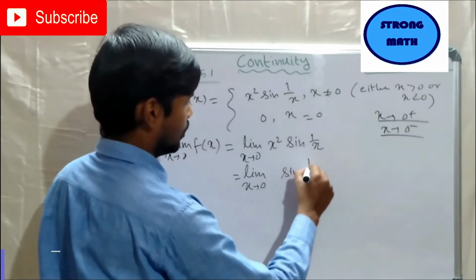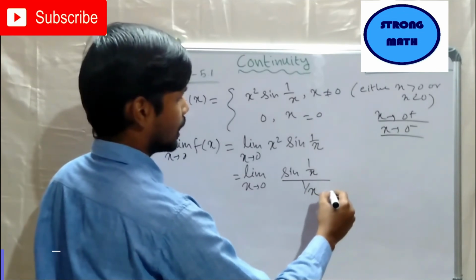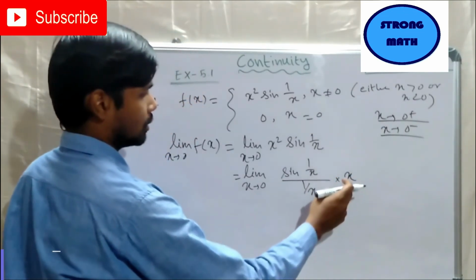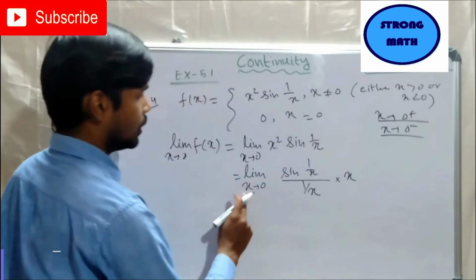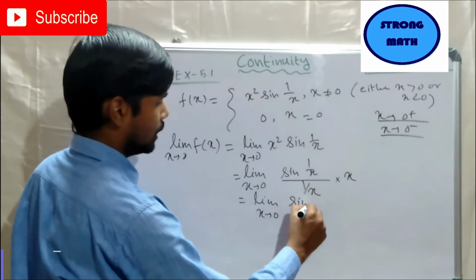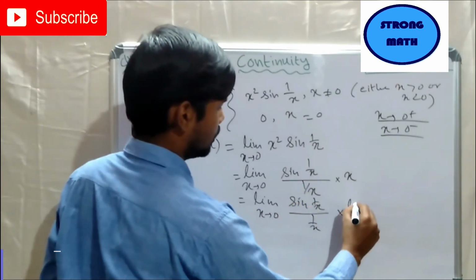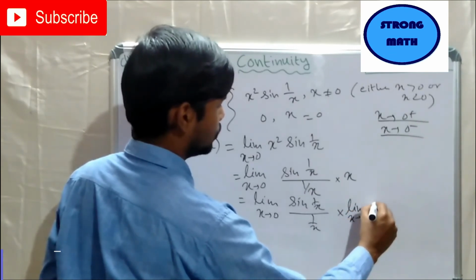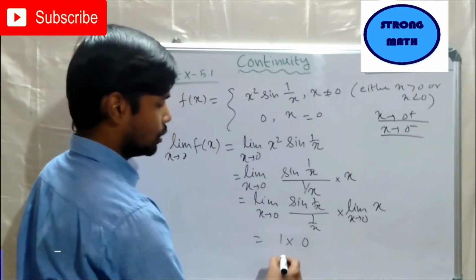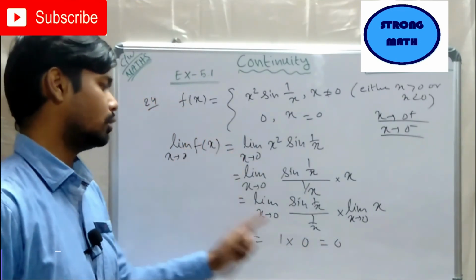So sin 1 upon x by 1 upon x, and there is an x outside, so if we separate them, then limit x tends to 0 of sin 1 upon x by 1 upon x, into limit x tends to 0 of x. This is 1, and the value of the other function is 0, so ultimately 0. So the limiting value of this function at x equals 0 is 0.